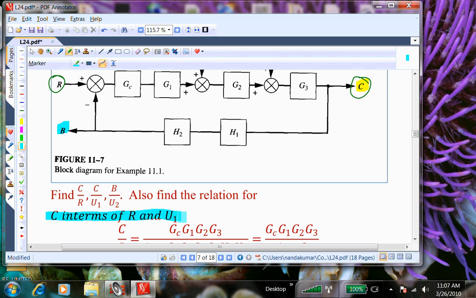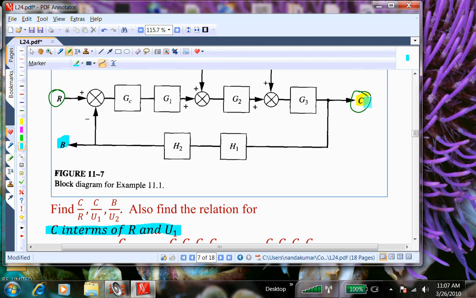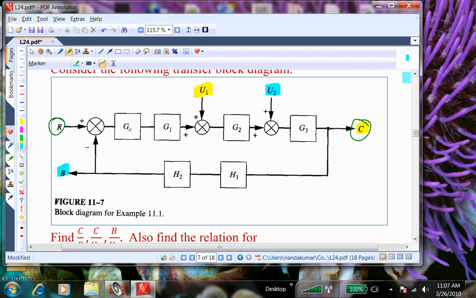What does that mean? The output C when I change both R and U1. What kind of idea would you use to develop that? You would add the two transfer functions, but you said something before, parallel. It's not that. It's superposition.